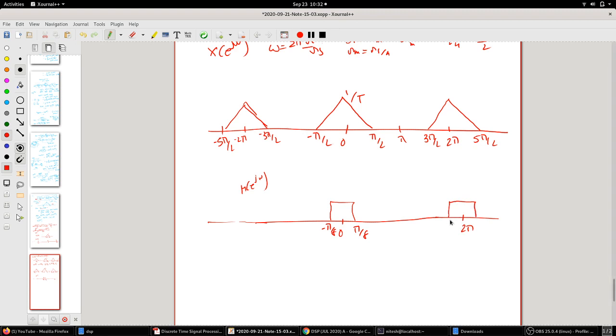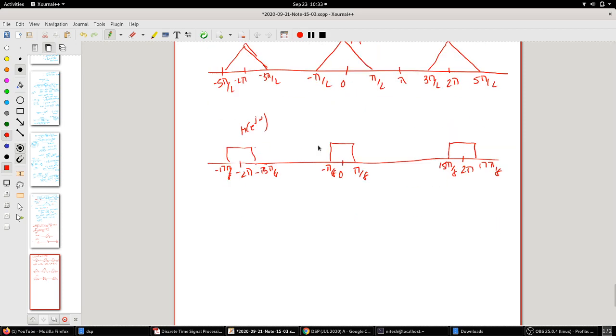So this will be 15 pi by 8, this will be 17 pi by 8, and so on. So there will be one here centered at minus 2 pi, and so on. So this will be minus 15 pi by 8, this will be minus 17 pi by 8, and so on.